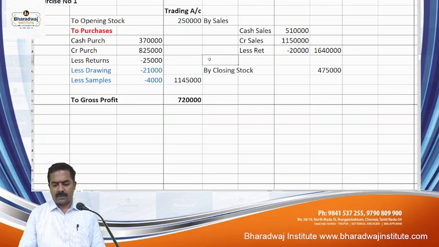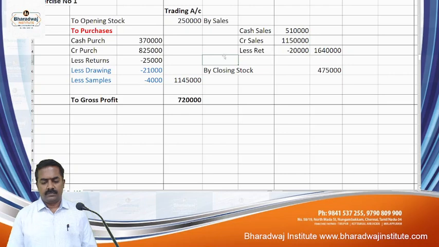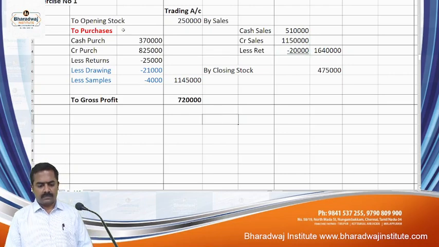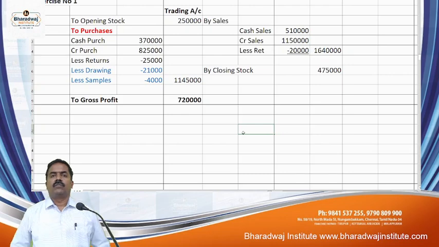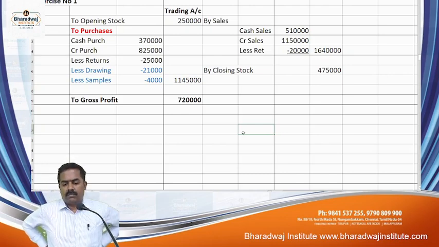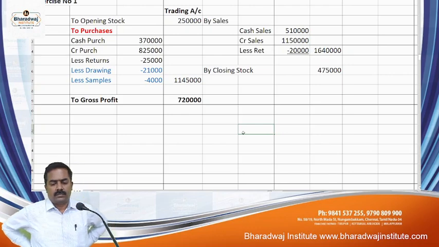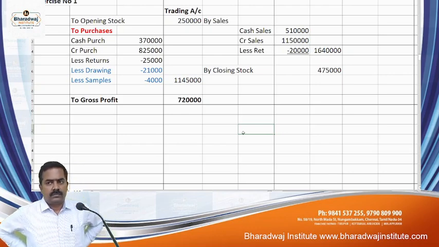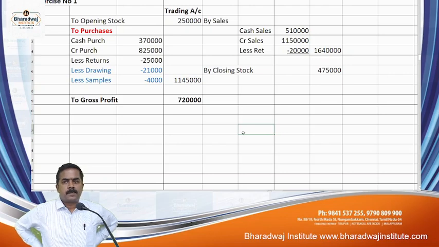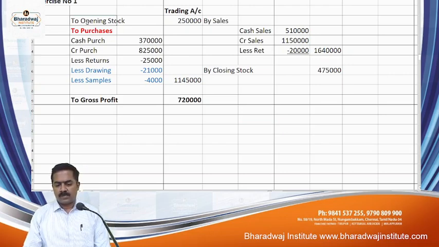There is no abnormal loss given in the problem. Cash purchases, credit purchases minus returns to suppliers, drawings and samples, eliminate, 11,45,000.